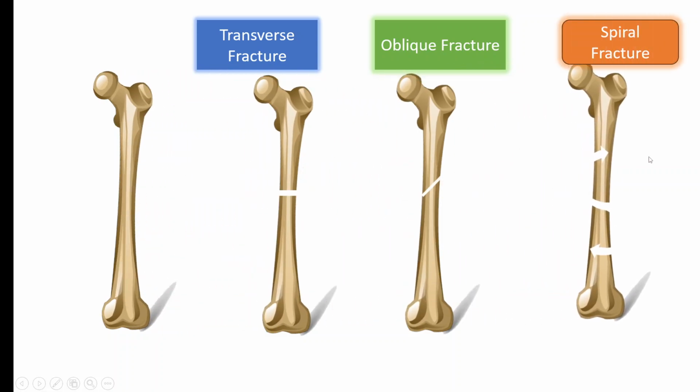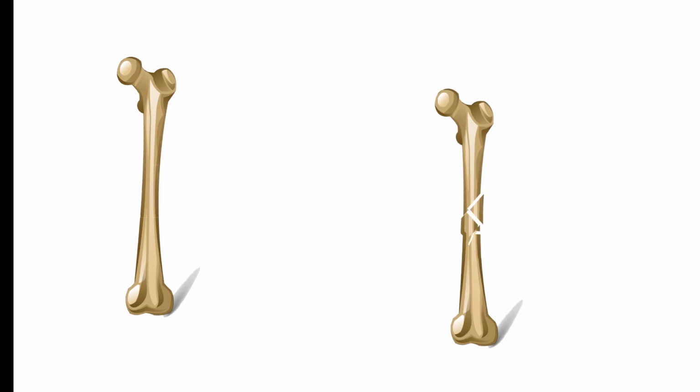And spiral fracture is the fracture which starts at one point of the bone in one plane, and it traverses proximally or distally, and then the fracture exits at the other side and in the other plane. So it's like a fracture occurring in one plane at one side and exiting in another plane and another side. So that is known as the spiral fracture.